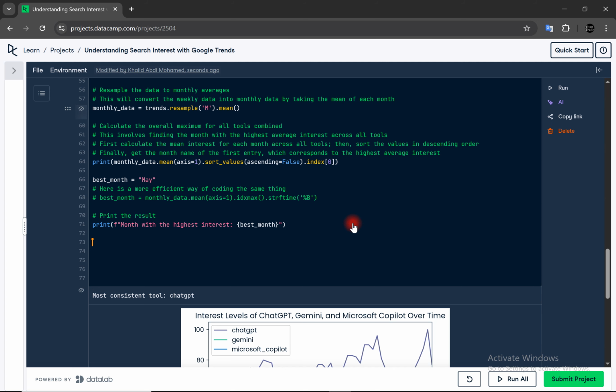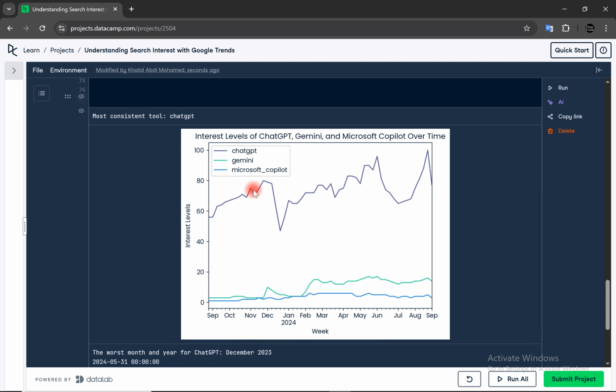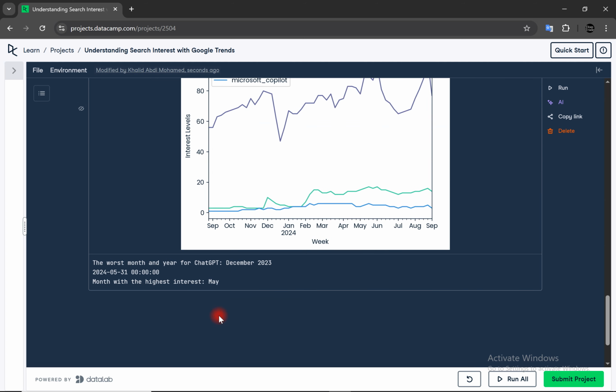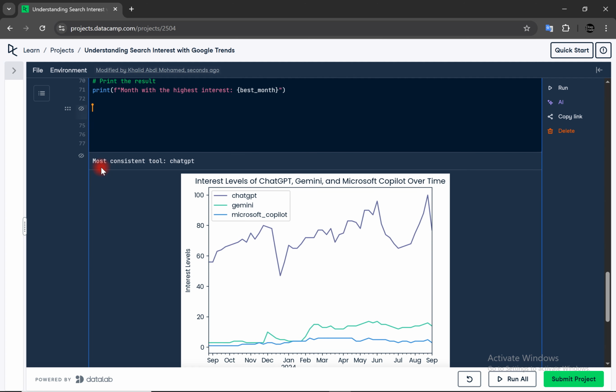So here, finally, the month with the highest combined interest was May. Yeah, it was May. And the worst period for ChatGPT was December 2023 to January 2024. We also have the most consistent tool across all three AI tools we were testing, which was ChatGPT.